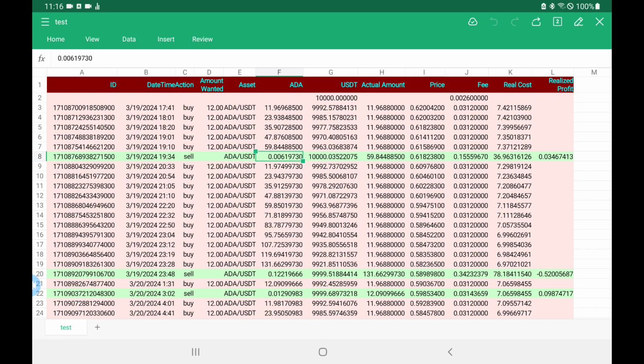It is a very simple process, but can be very tedious when you actually get into the real world mechanics of supply and demand, meaning how much is available that you can actually purchase at a certain point. Because when you make a purchase, this example that you see in front of you assumes that your entire purchase is at one price. But when you're actually live trading, that doesn't always happen.